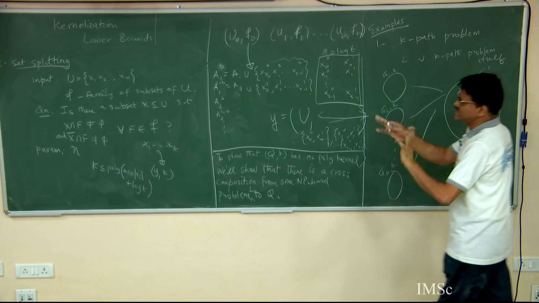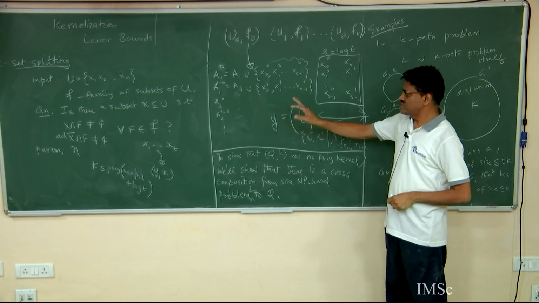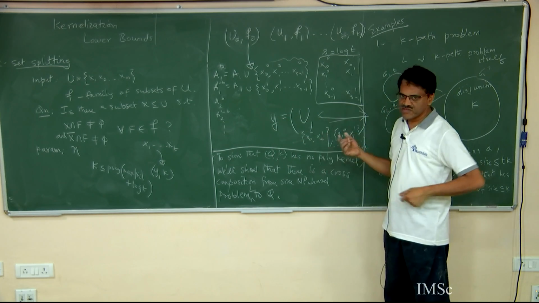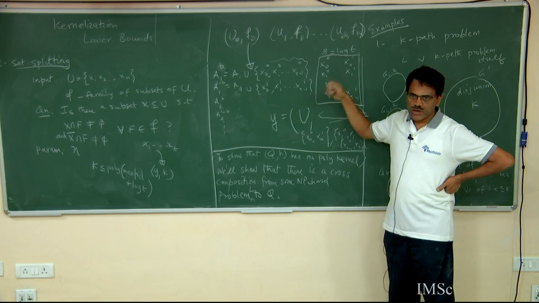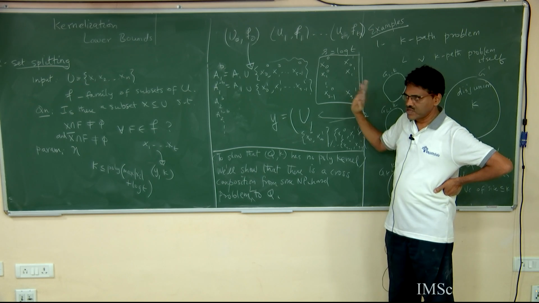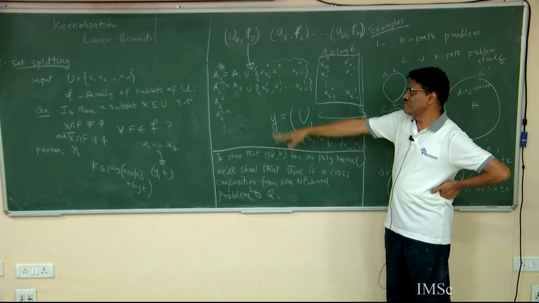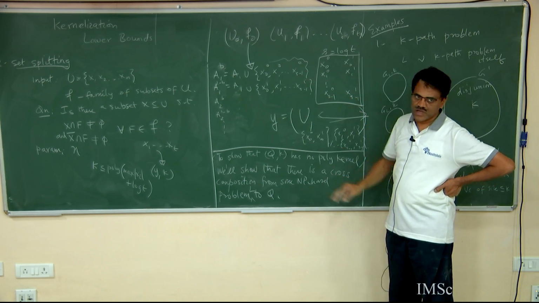And you can see that it actually satisfies time and space and so on, because my new parameter, the n, has gone from n to n plus 2 log t. I have spent time polynomial in the sum.